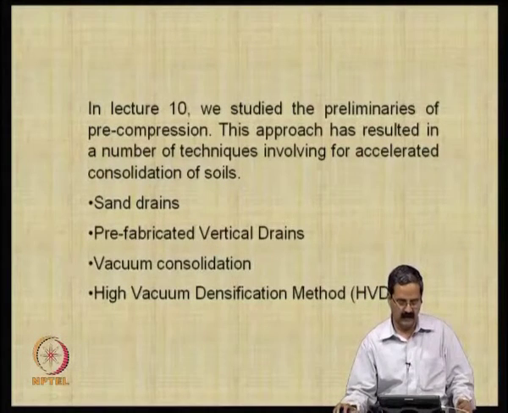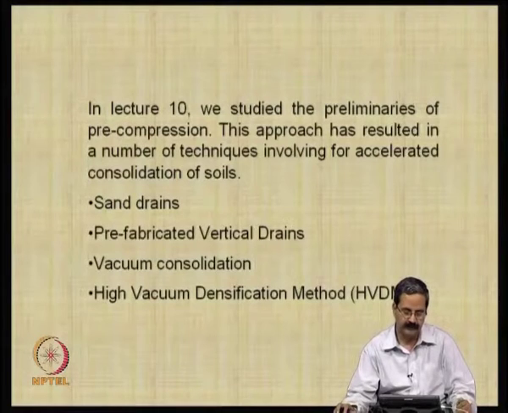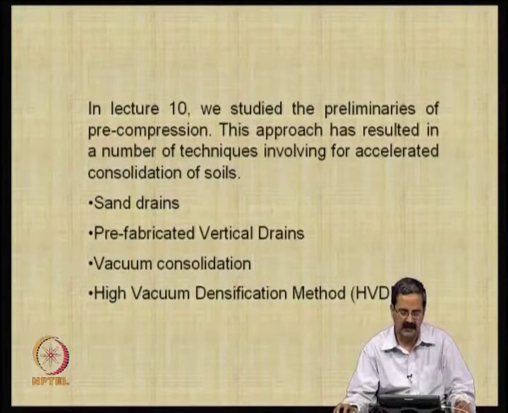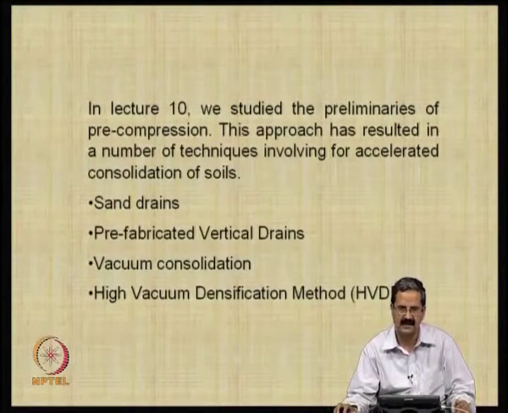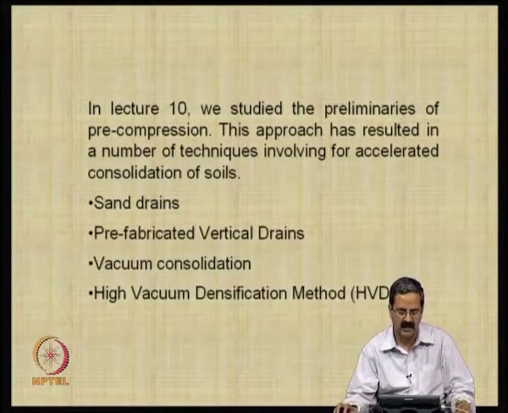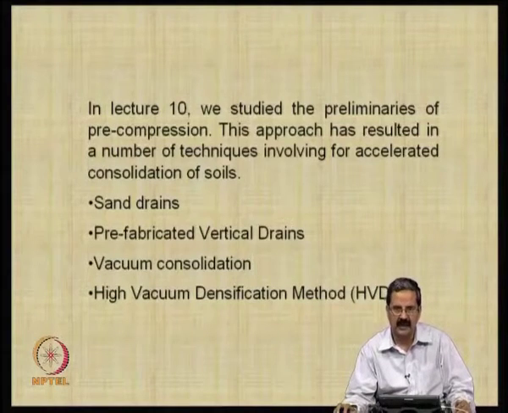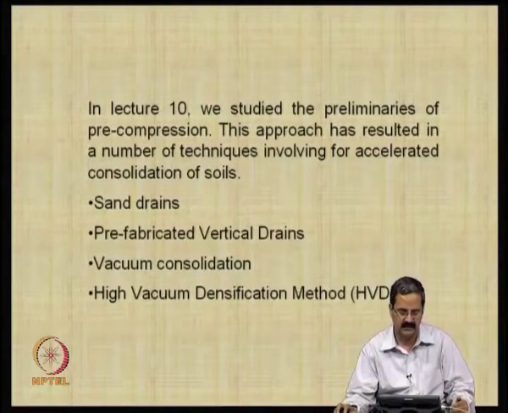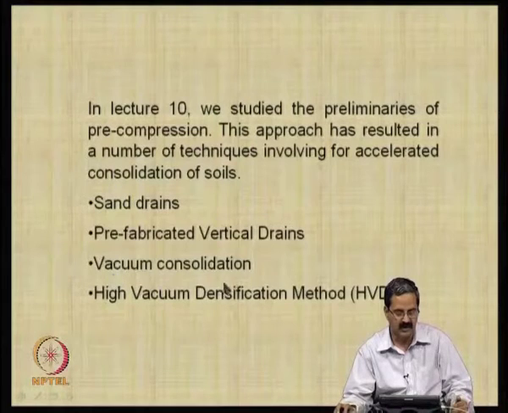You saw it in the video that it can be very good, and wherever soft soils exist, you have these prefabricated vertical drains installed all over the place to take care of the loads that are imposed. Then we will also see vacuum consolidation.